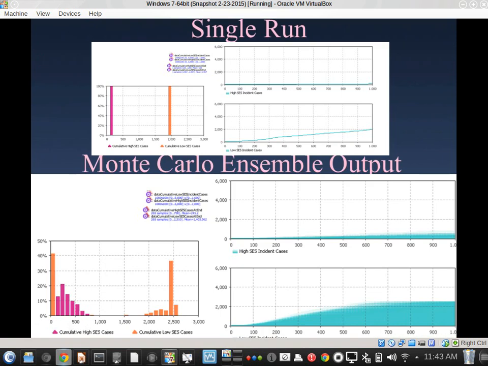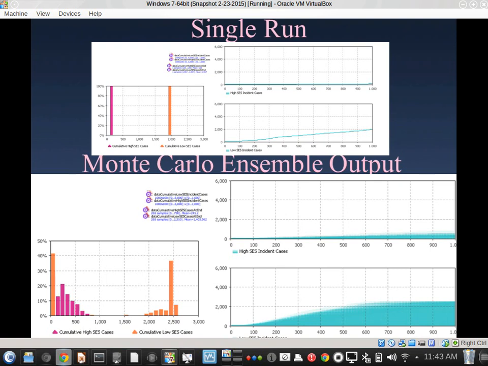So what comes out of these ABMs? For a single run, we'll get maybe some gains or some outcomes in terms of number of cases expected in a low SES population or high SES. But if we run it many, many times in these so-called Monte Carlo ensembles, we'll get out histograms that are sampling from distributions associated with these things. In other words, each time we run it, we're getting some particular result, and we run it again and again and again.